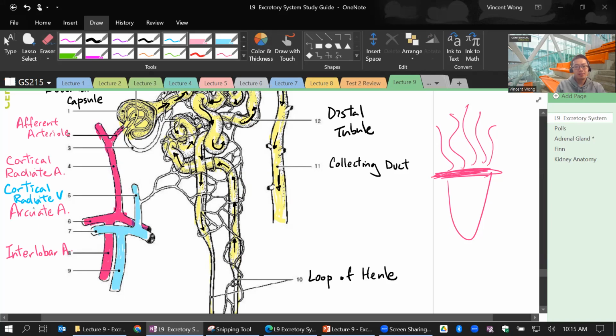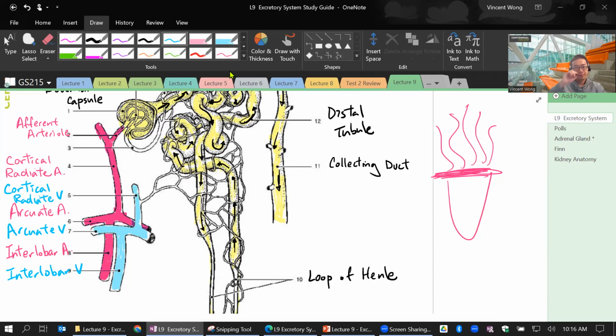CRV, like the Honda SUV. And then we have the arcuate artery here. Number 7, we have the arcuate vein, and the interlobar vein.